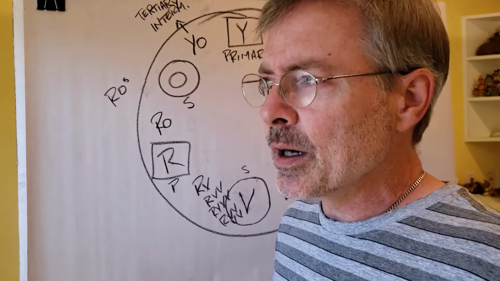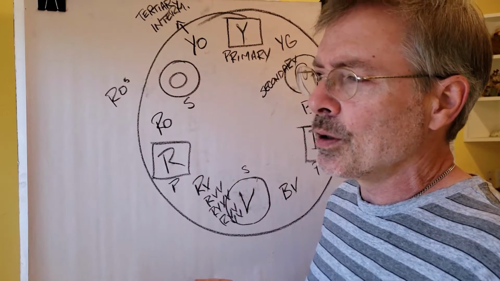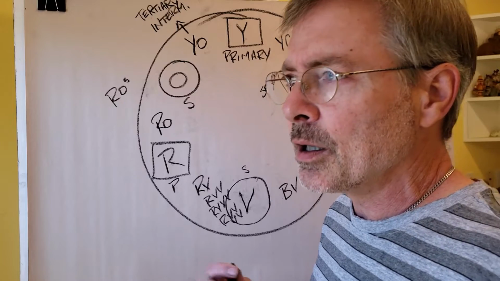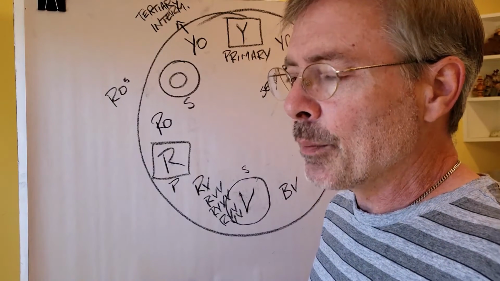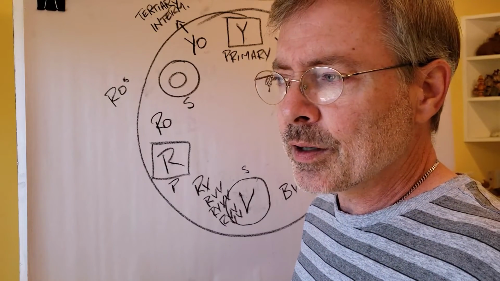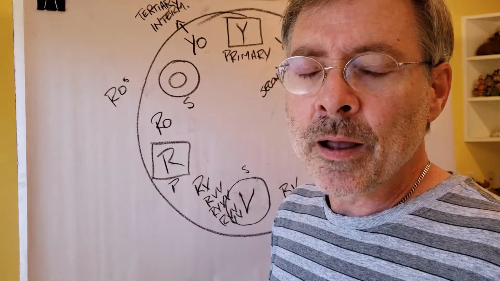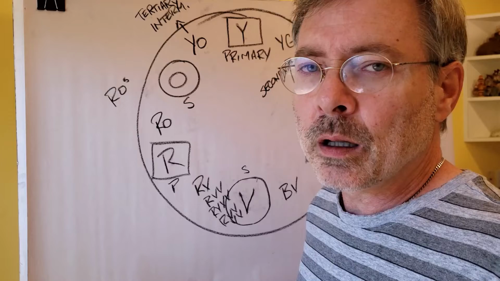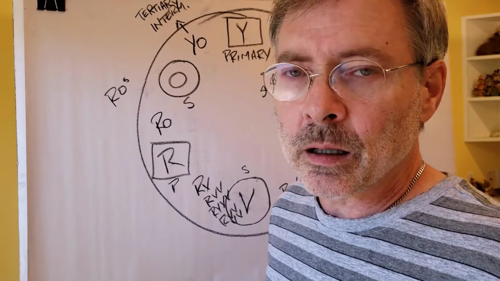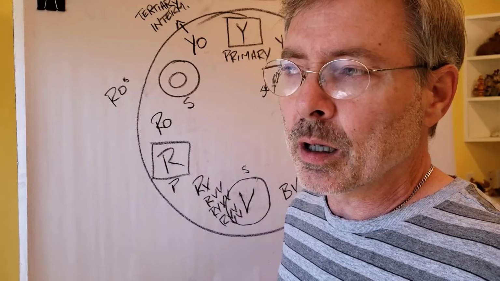It is frustrating sometimes for students in painting to turn to their teacher and say, how do I make a brown? And their teacher says, well, you know, what brown? What kind of brown? There is no brown in the color wheel. There is no tan in the color wheel. There is no beige in the color wheel.